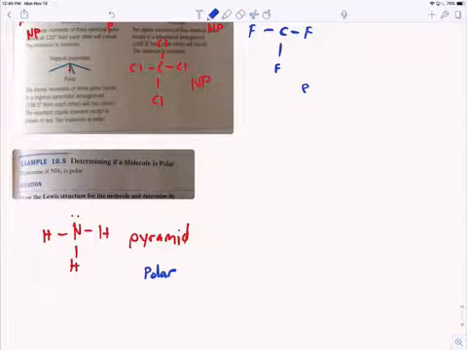If you look at water, H2O is a very powerful greenhouse gas because it's got a negative end and a positive end. It absorbs lots of infrared light. A molecule like carbon dioxide is nonpolar. It is a greenhouse gas, but carbon dioxide is a linear molecule.